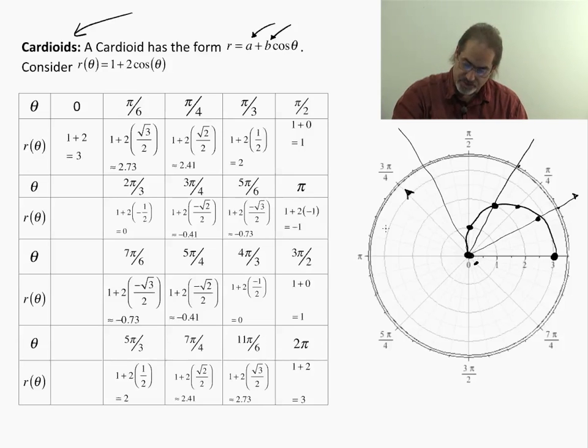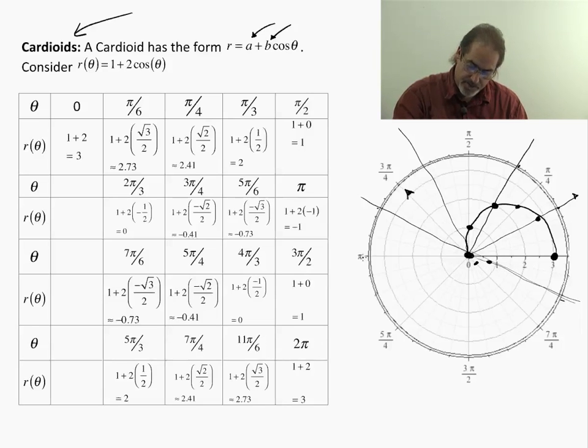At 5 pi over 6, which is the angle roughly here, I'm going to be at negative 0.73, so the negative is going to bring me in this direction. Oops, I kind of missed it, but right about there. Negative 0.73 is going to be roughly here.